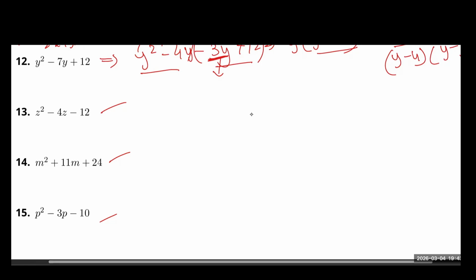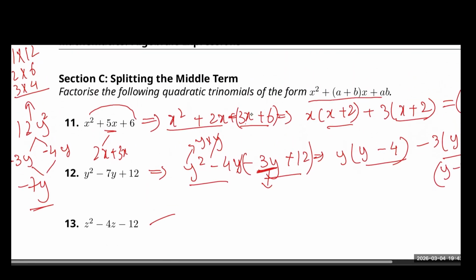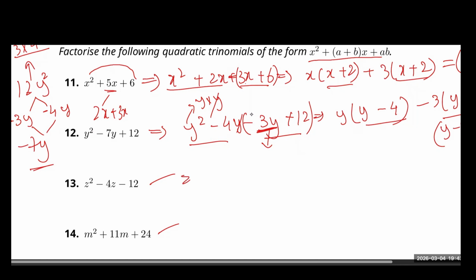So the factors of 12, right? What will be the factors? 6 and 2. z squared minus 6z plus 2 minus 2. Okay? Minus 6 plus 2 is minus 4.